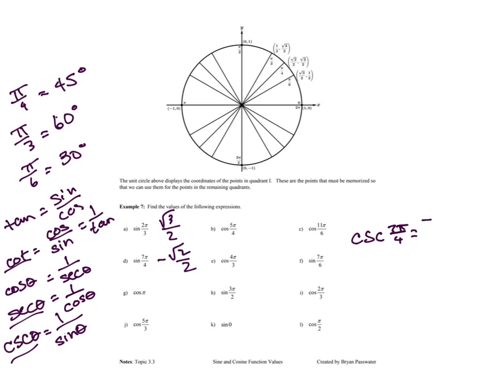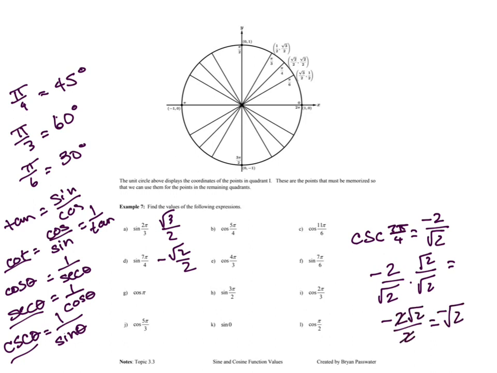So you would flip it. Probably you might have to rationalize the denominator. It could happen. So you end up with negative 2 square root 2 over 2. Those cancel. And you have cosecant of 7 pi over 4 is negative square root 2. Okay. It could happen. I'm not saying.